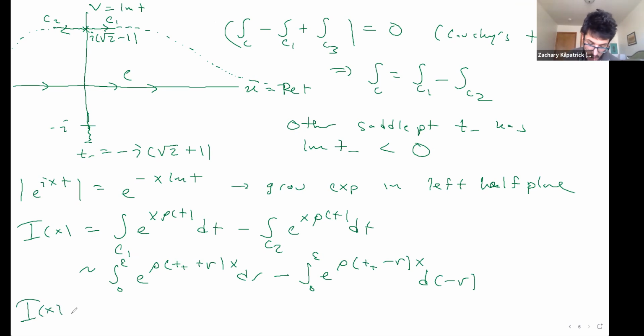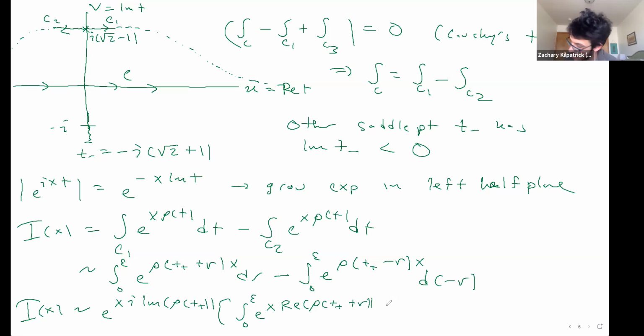This means that I of x is approximated by e to the x i imaginary part of rho of t plus the integral from 0 to epsilon of e to the x real part of rho t plus r, okay?